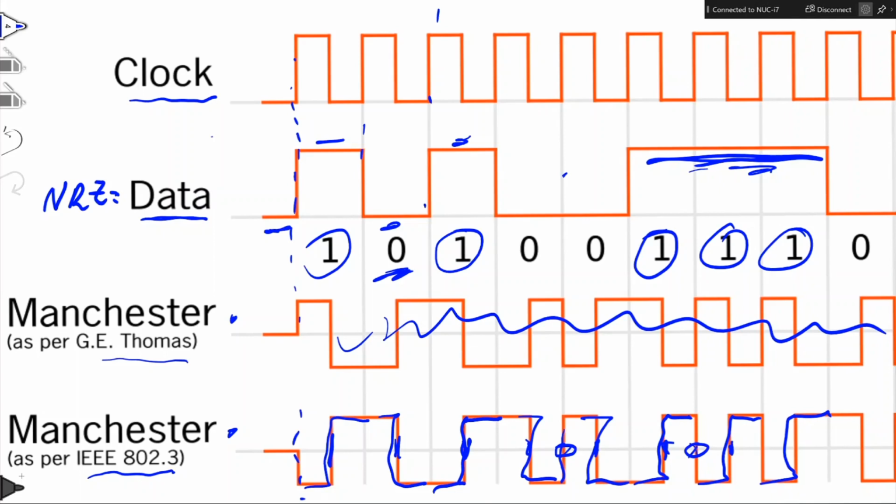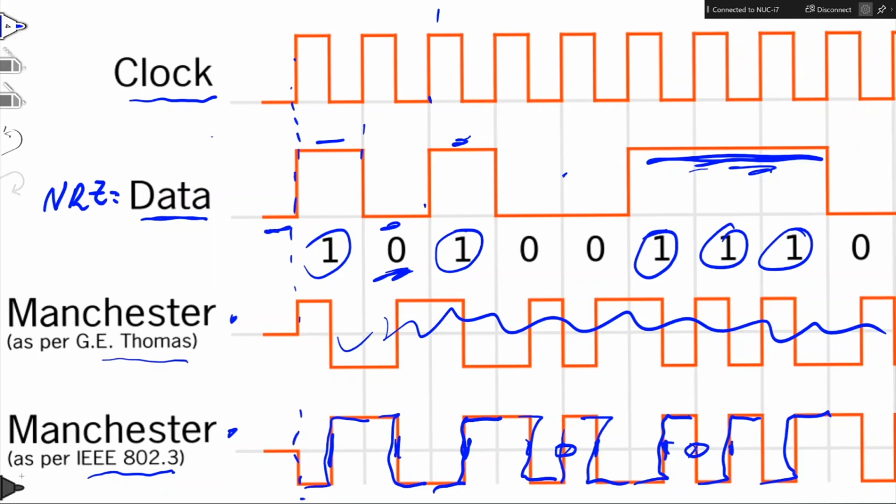Here, because you have a transition in the middle of every bit interval, you can, number one, make sure that you see that transition, so you won't double count or undercount. But number two, you can also adjust your clock. If the middle of the bit transition comes too early, then it means you have to change the speed of your clock so that you expect the middle of bit transitions earlier.